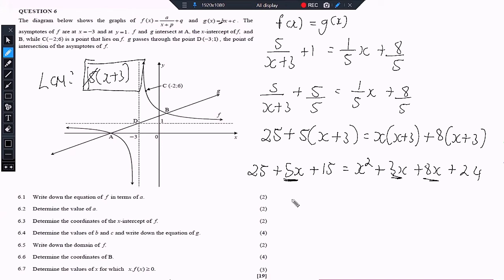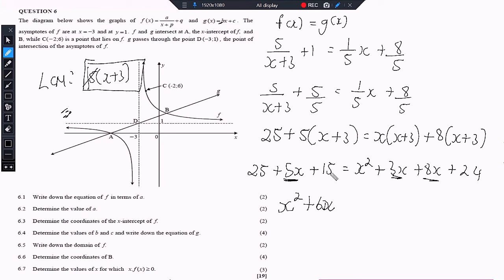So let's just write this as x squared. And then what is 3x plus 8x? That becomes 11x. And then if we say 11x minus 5x, this will give us positive 6x, right? And then what is 25 plus 15?